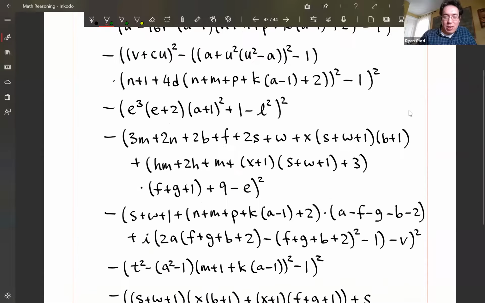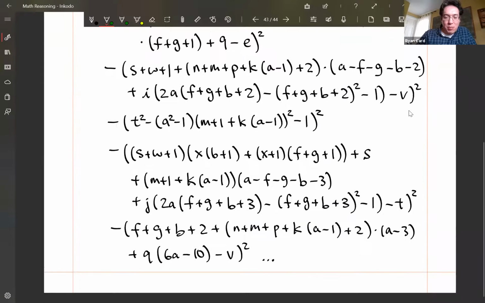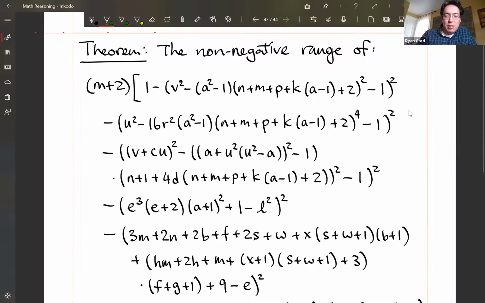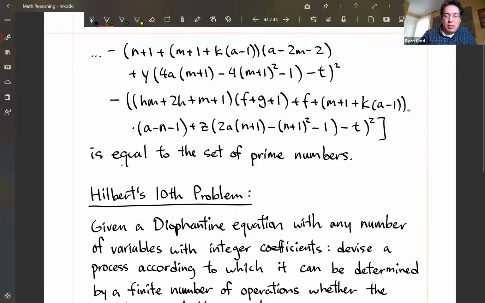This isn't a random polynomial. This is part of the polynomial. I had to go over to the next page. So this is where the polynomial ends. All the positive range of this polynomial is equal to the set of prime numbers.